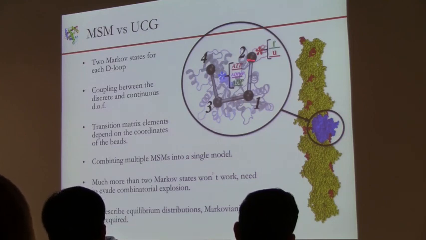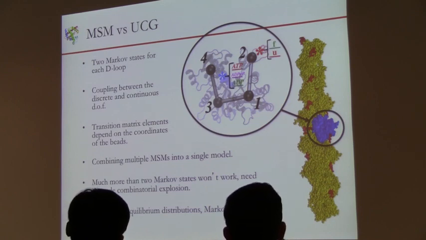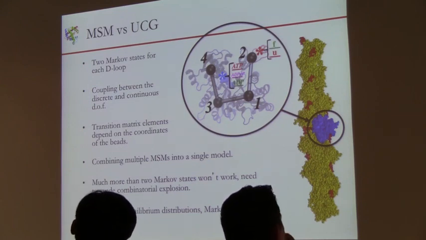So the transition matrix may depend on the distance between this coarse grain site and this coarse grain site, or this coarse grain site and another coarse grain site in the neighboring molecule, and so on and so forth. And there are some experiments that tell us that the probability of transition between different states depends on the degree of flattening.